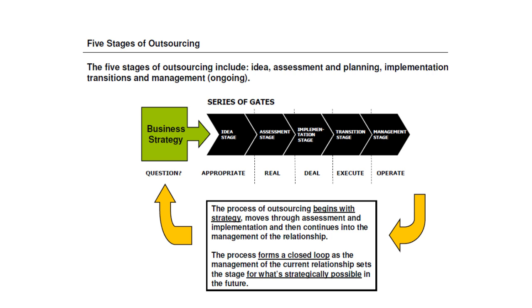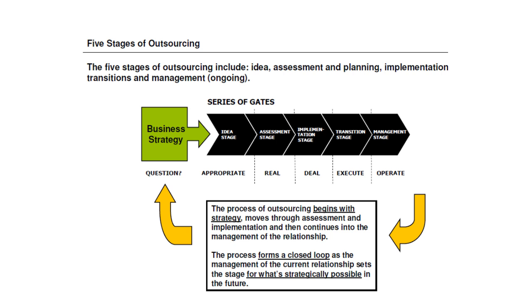Okay, so these are the 5 stages of outsourcing. Okay, these are one of the classifications for outsourcing. According to some books, they give different stages. Okay, but let's stick to these 5 stages. You have the initial stage, assessment stage, implementation, transition, and management and update.